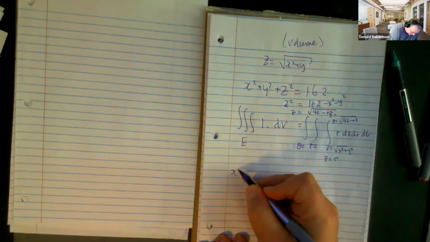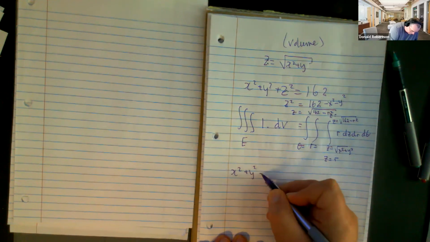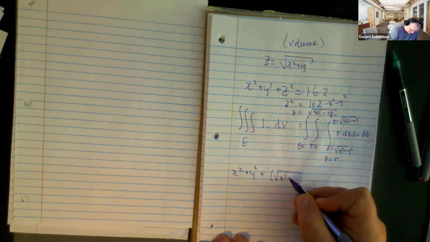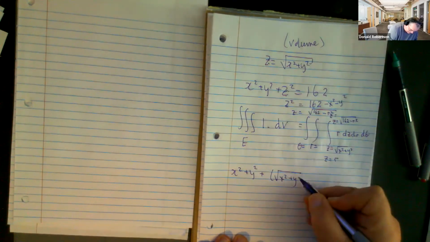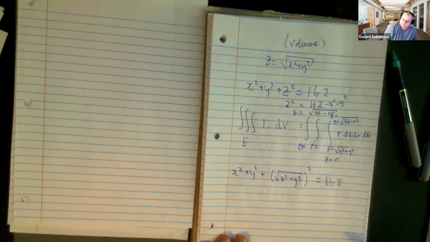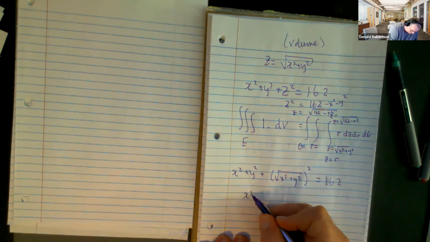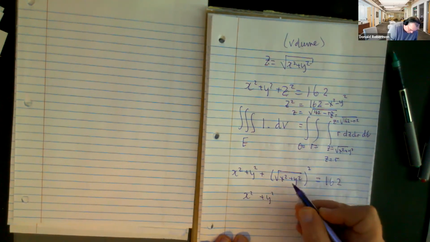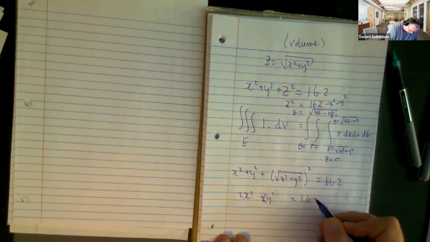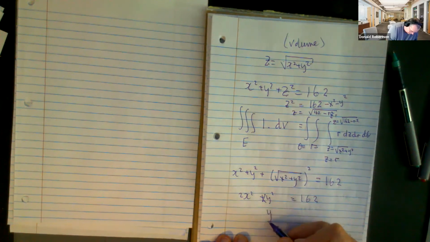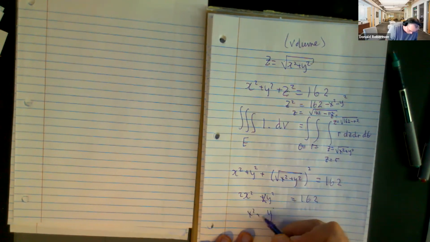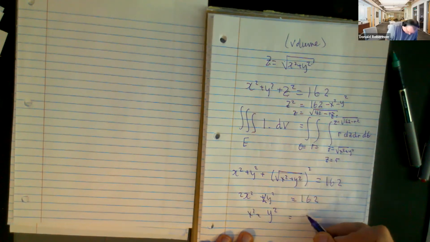So it's going to be x squared plus y squared, but instead of z squared, add that one squared, and it's equal to 162. That's x squared plus y squared plus another x squared plus another y squared is 162, which gives x squared plus y squared equals 81.